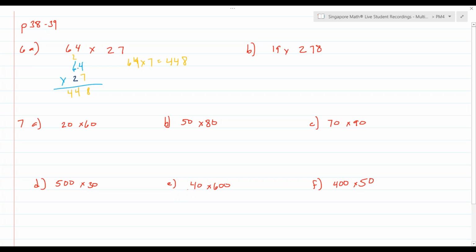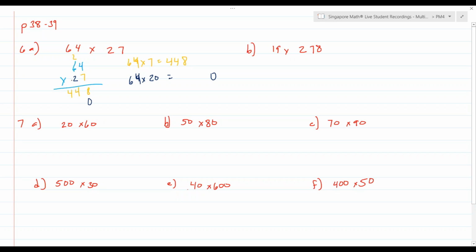But if I do 64 times 2, remember this isn't just 2, it's actually 20. 64 times 20 will always have a 0 at the end because it's 64 times 2 tens. So I put a 0 there at the end because when I multiply by 20, I'll always have a 0. And then I have 2 times 4 is 8.